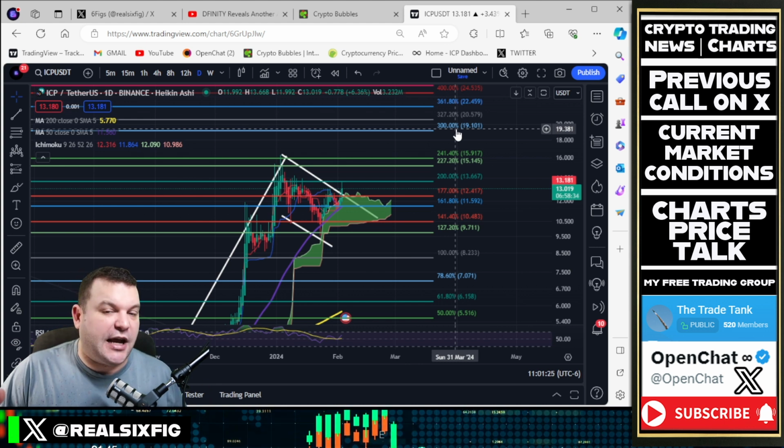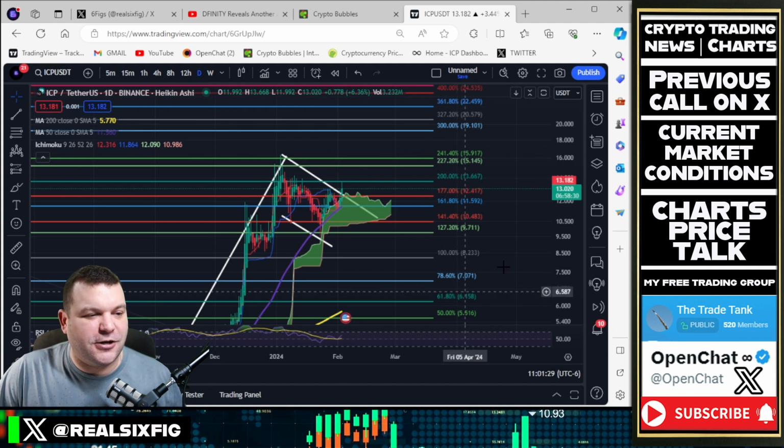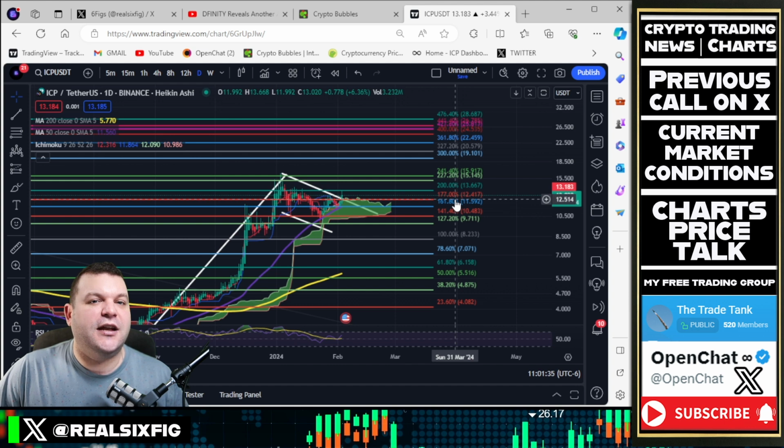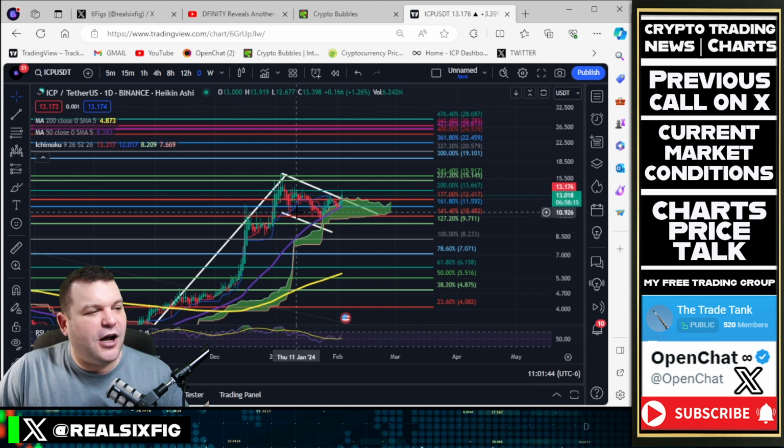They will ape back in on retracements. A lot of these options traders out there, folks, will wait till the 1.27 or the 1.618 to attempt to catch falling knives. They will sell their bags once they see these levels hit. So this is very interesting, to say the least.